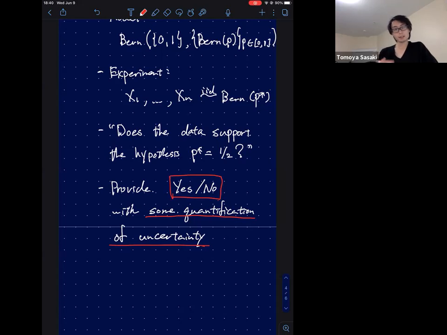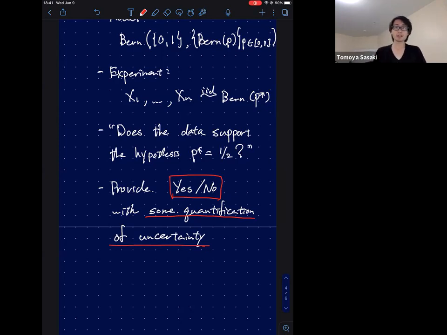So with hypothesis testing, you're going to get whether your hypothesis is true or not, given the data you have. But it's not only about that. It's going to give you some uncertainty estimate, how uncertain your hypothesis testing is.